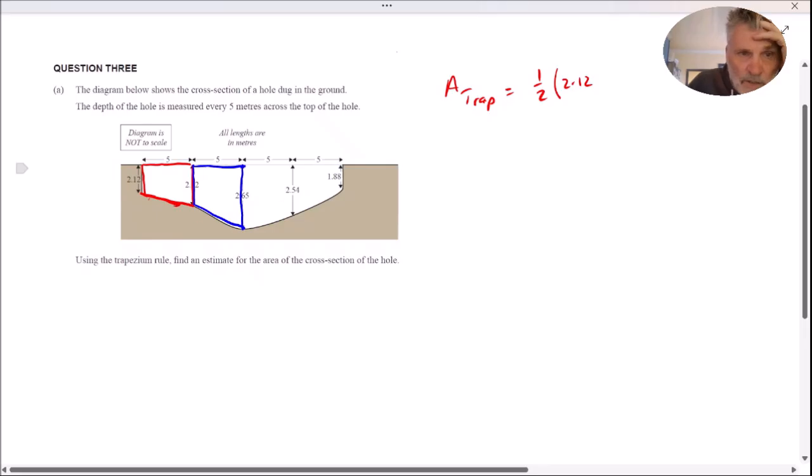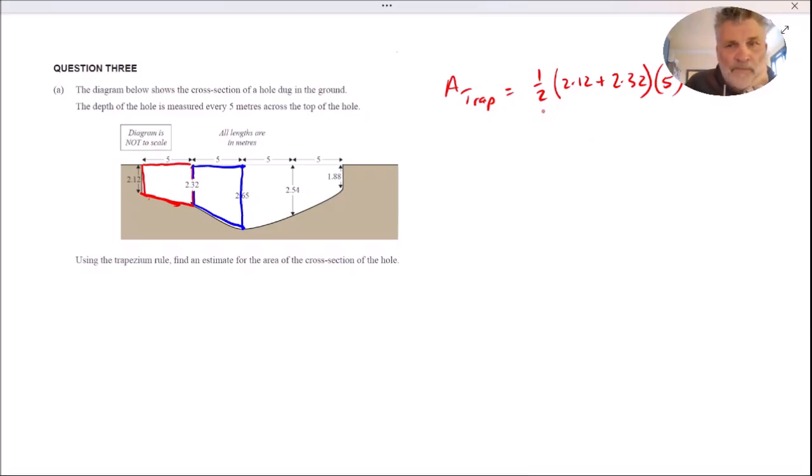2.12, and I've done a bad thing by writing over the top of that, 2.32, and then multiplied by the height, which is 5. Now, our trapeziums are lying on their side, so that's the area of a trapezium. It's like a triangle formula. A trapezium is really a cut-off triangle, so that's why they are similar.